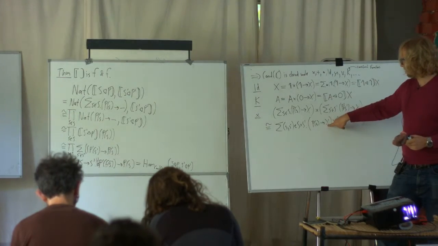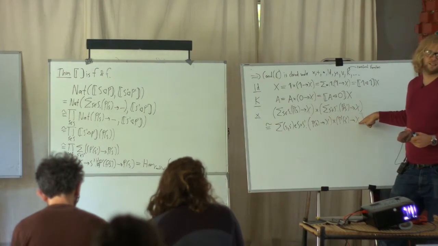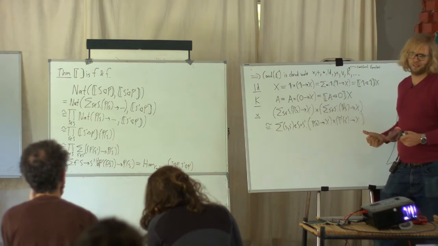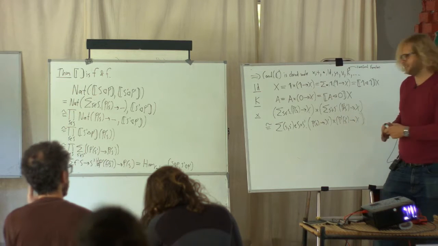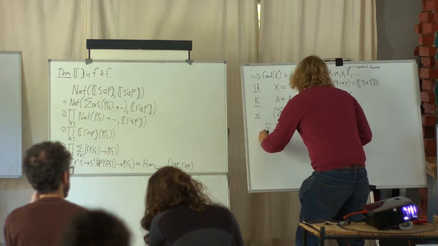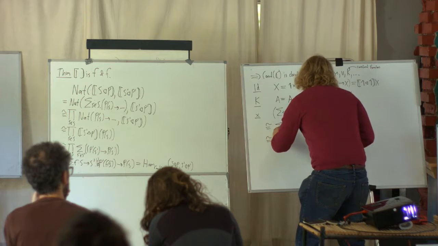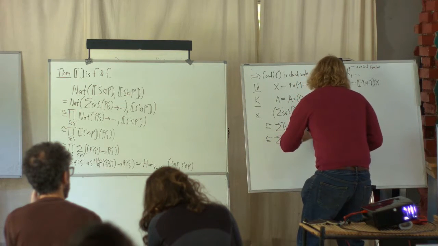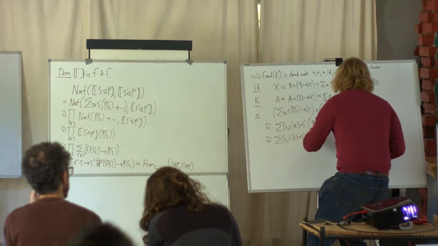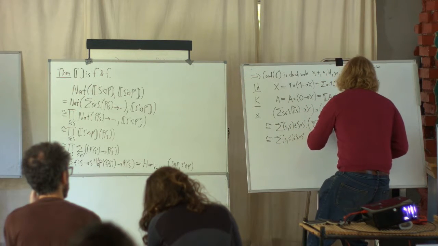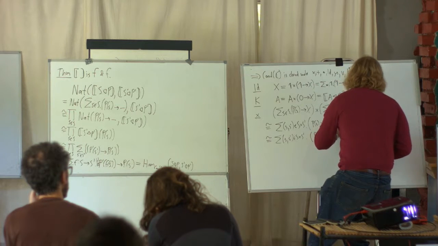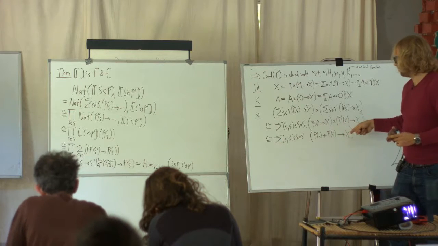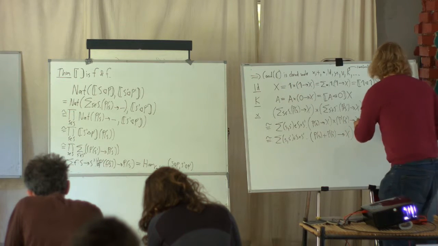But now here I have two functions into X, and I know that to give two functions into X is the same thing as giving one function from the coproduct into X, right? This is the same as giving a function from P of S plus P prime of S prime into X. And now I got it in the form of a container functor again, right?